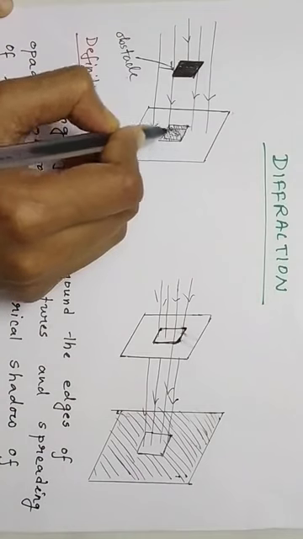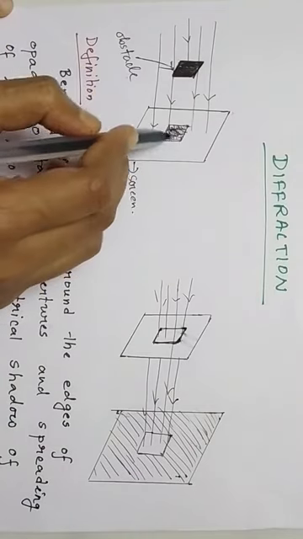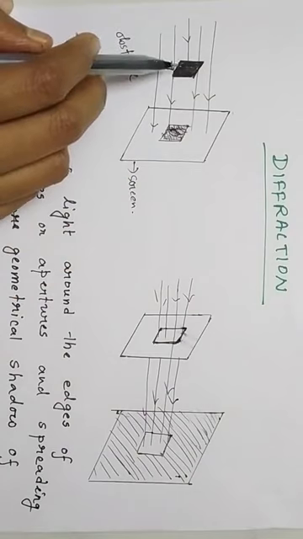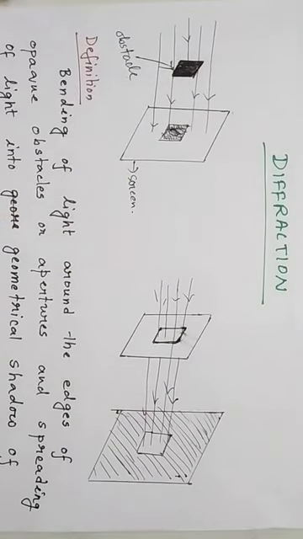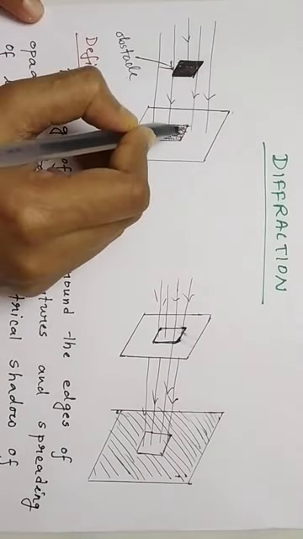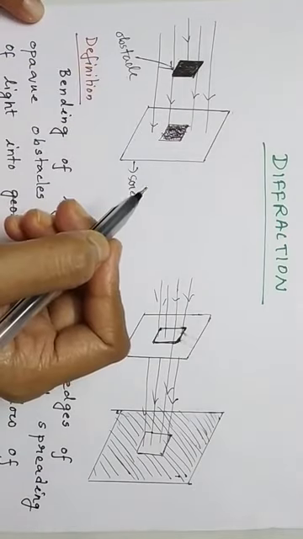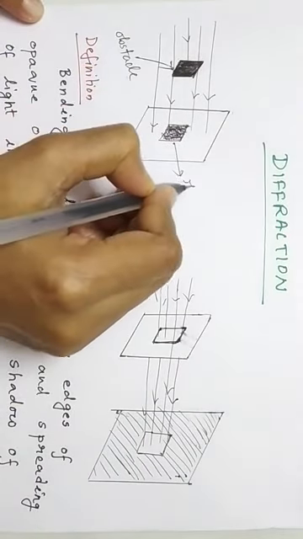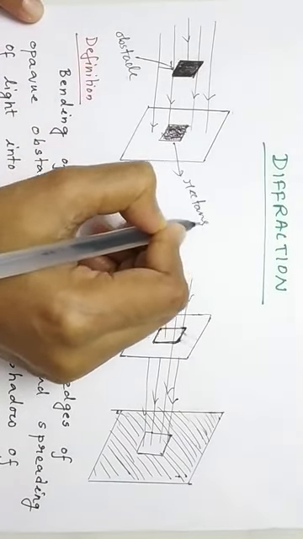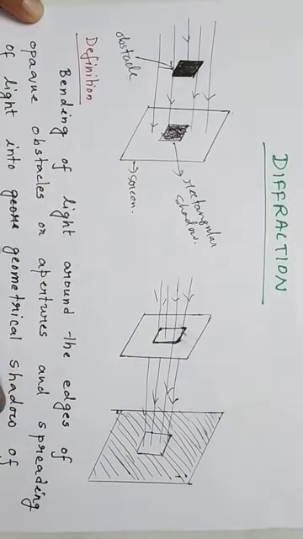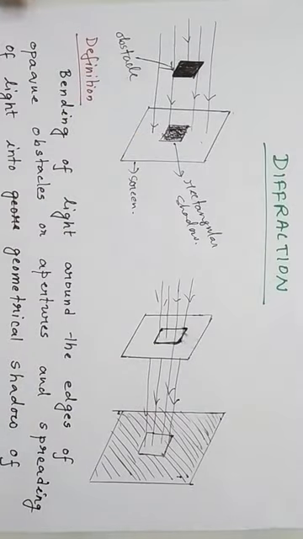And what should be the shape of the shadow? The shape of the shadow should be the same as the geometrical shape of the obstacle, which is in this case a rectangle. So generally we should observe a very precise rectangular shadow on the screen, and all the regions other than the shadow will be illuminated.